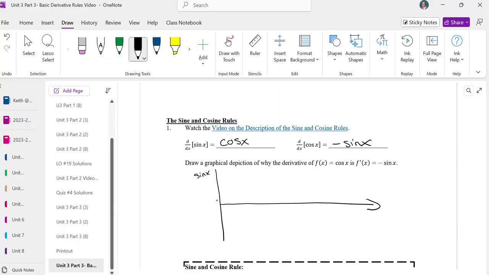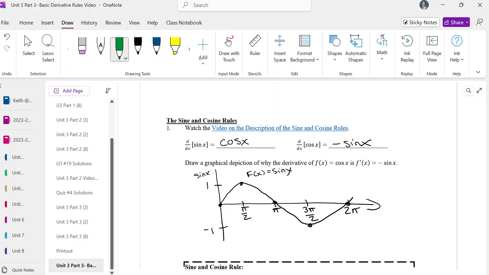The sine goes like this. So this is f of x equals sine x.